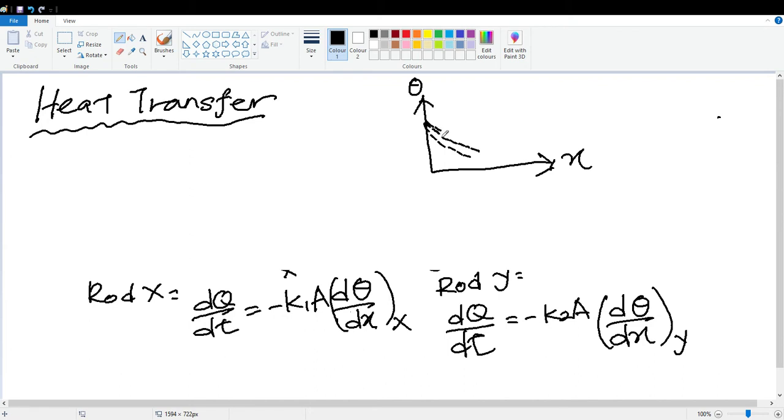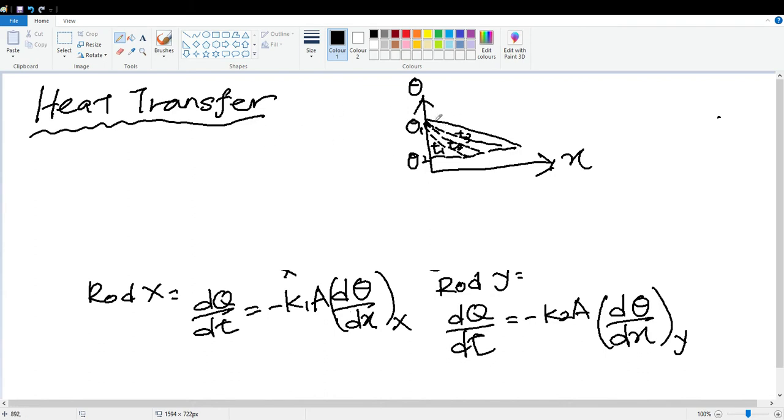At every point the temperature keeps varying. This one shall be my θ1 and this one shall be my θ2. All of them keep varying until they achieve the steady state.